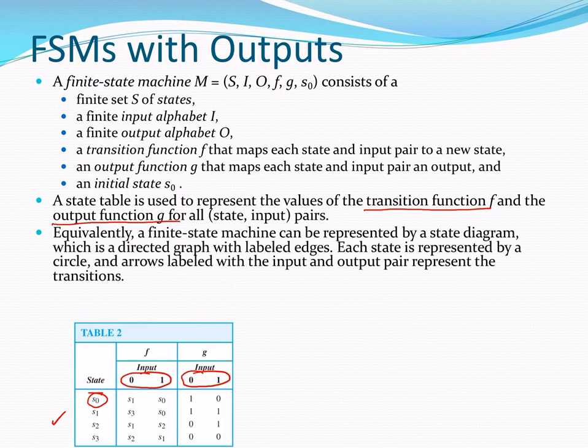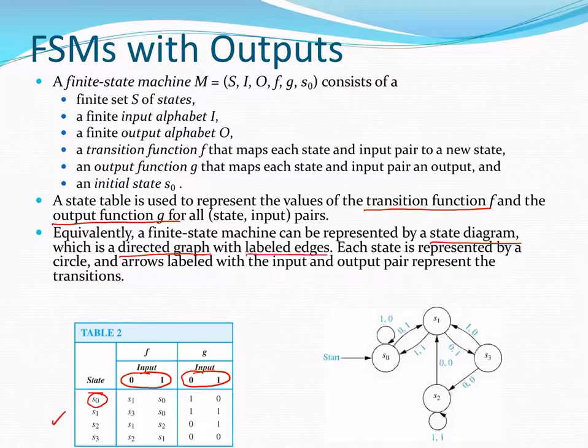All right, so that's a designation of a finite state machine. Another way to do it is with a state diagram or a directed graph that has labeled edges. The states are represented by the vertices or the circles. Here is the state diagram representation of the same finite state machine on the table on the left. Our starting state is always designated.